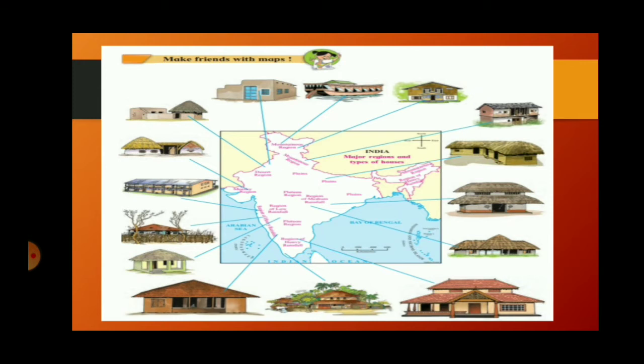Okay children, now you just observe this picture. This figure shows a map of India and the types of houses that are common in the respective regions since ancient times. I am going to explain about them. These are the pictures of various types of regions: regions of heavy rainfall, regions of medium rainfall, regions of low rainfall, desert regions, marshy regions, mountainous regions and plains.